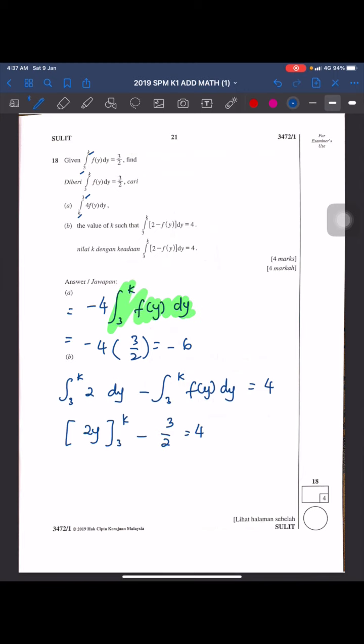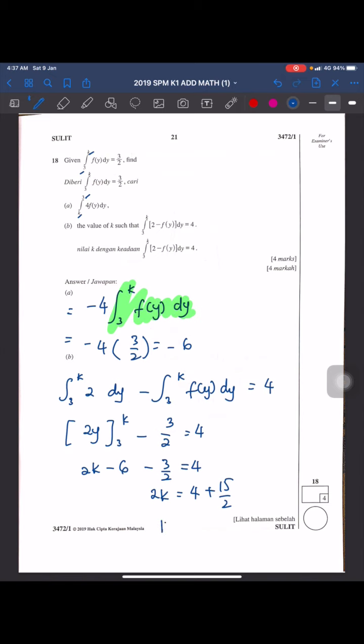Okay, so we find the value of the front part. So we will get 2k minus 2 times 3 is 6, minus 3 over 2 equals 4. So 2k equals 4 plus 15 over 2.